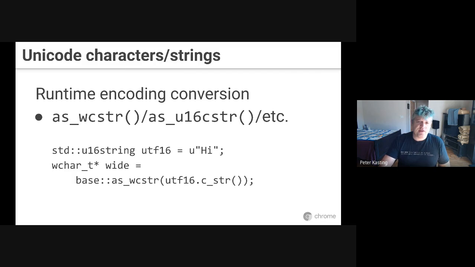So with these AsWCstr, AsU16Cstr, et cetera things, basically, because Windows uses wide strings everywhere, and because the rest of Chrome uses U16 strings everywhere, and because on Windows those two things are the same encodings contained in the same widths, we reinterpret cast them. And this violates C aliasing rules.